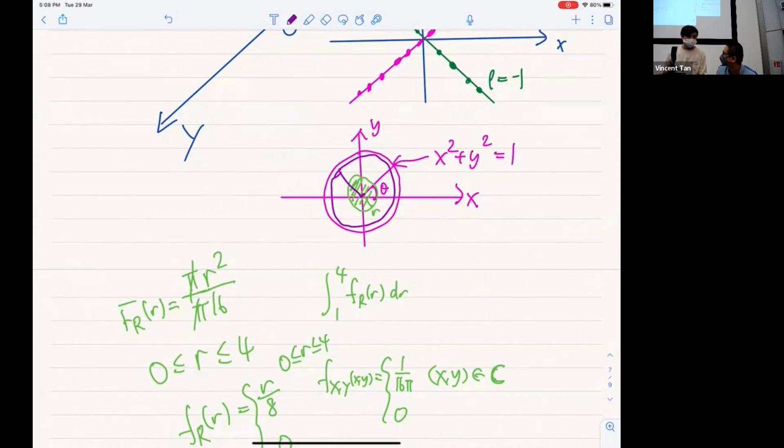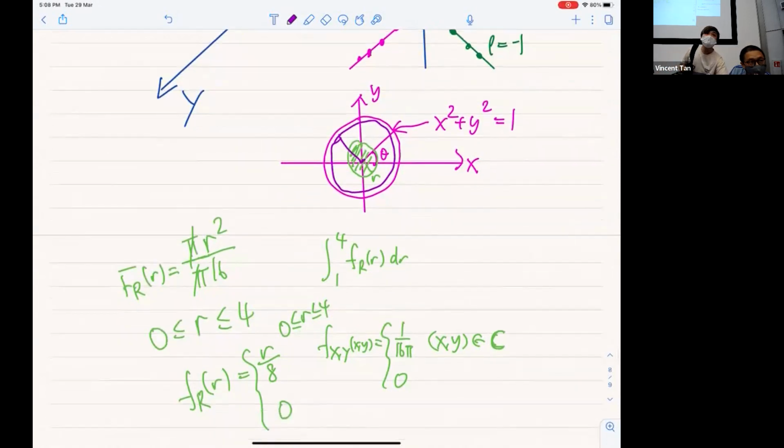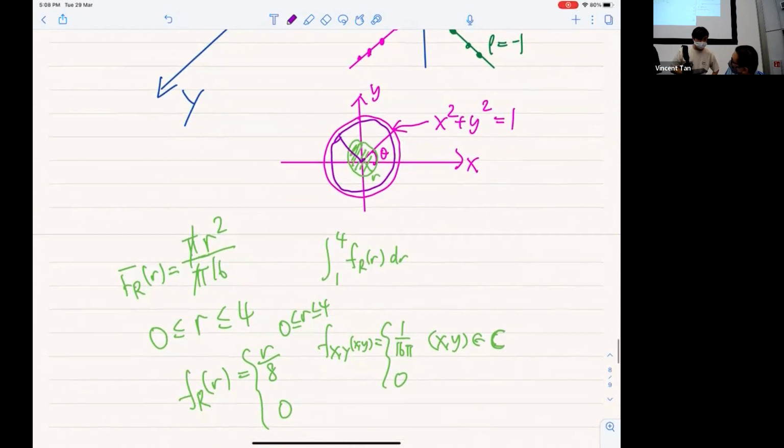Am I right to say that for this one we don't differentiate one time to get this? But for this one we have to integrate twice in order to get the PDF of R. Very, very carefully, because this is a circle.